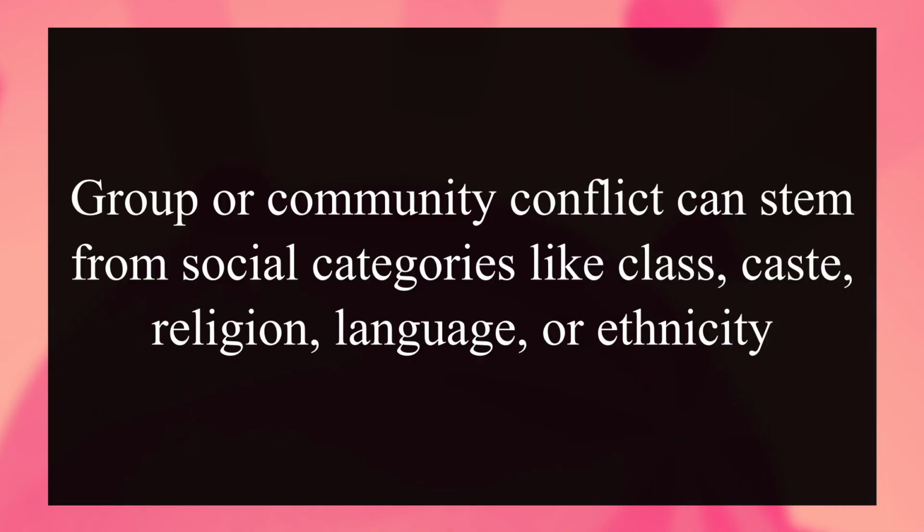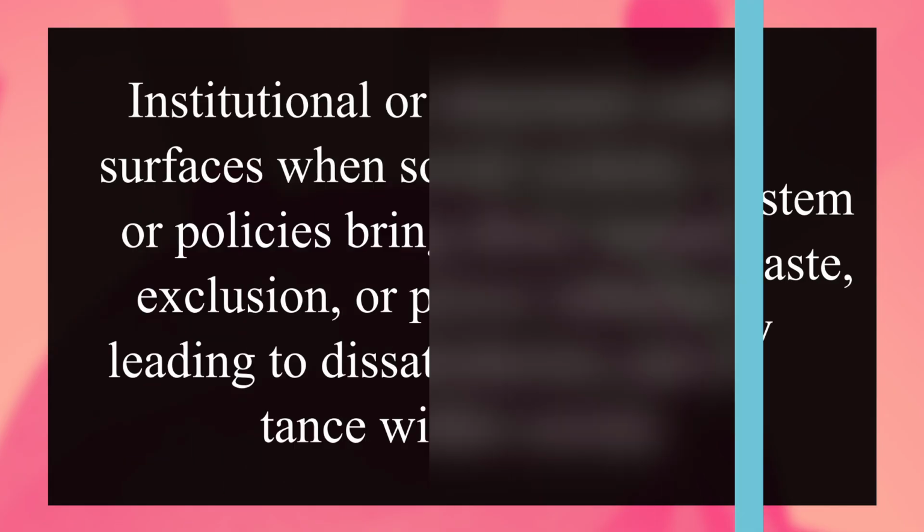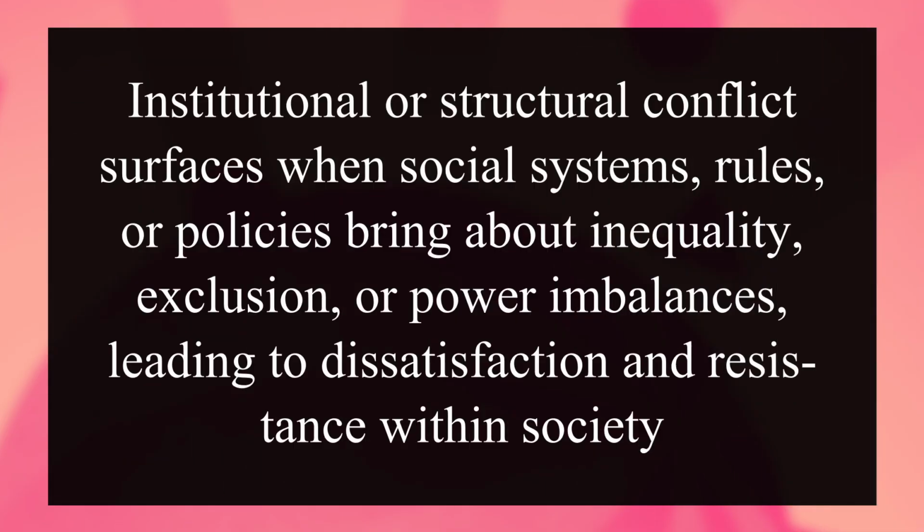Such conflicts can stem from social categories like class, caste, religion, language, or ethnicity. Institutional or structural conflict surfaces when social systems, rules, or policies bring about inequality, exclusion, or power imbalances, leading to dissatisfaction and resistance within society.